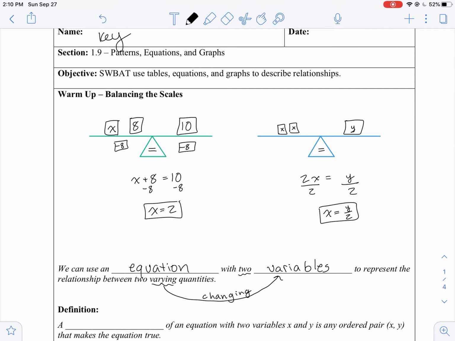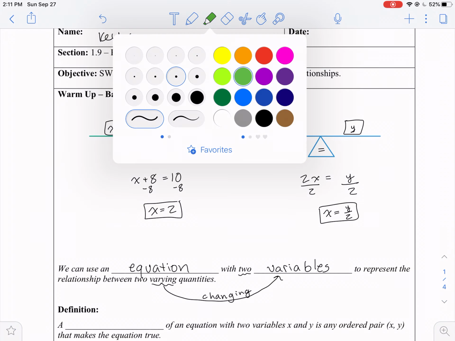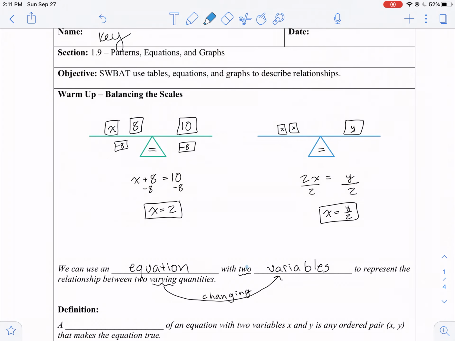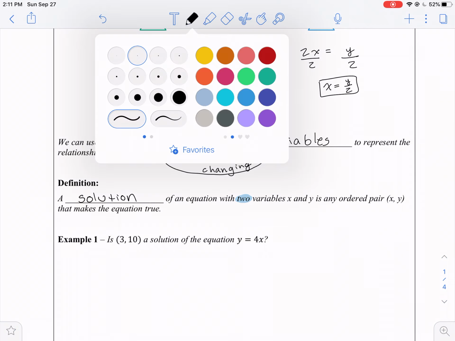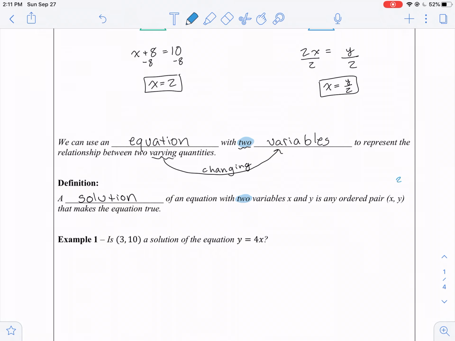Now in this case, because we're dealing with 2 variables, that's going to be kind of our key idea of the day. If we're dealing with 2 variables, that means our solution is going to have 2 values in it. So a solution of an equation with 2 variables, x and y, is going to be an ordered pair. Look, it has 2 quantities in it.